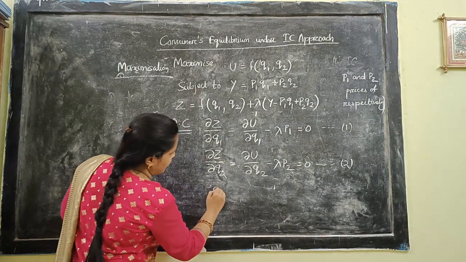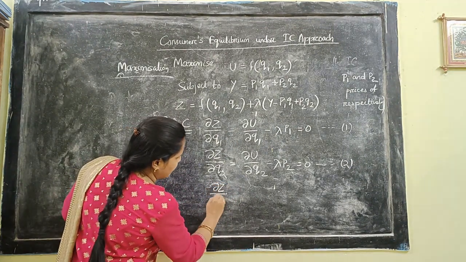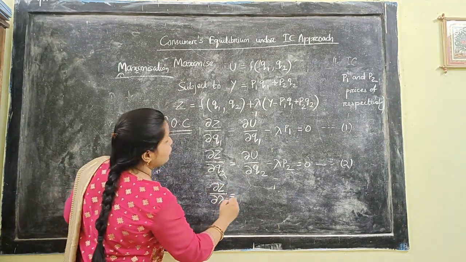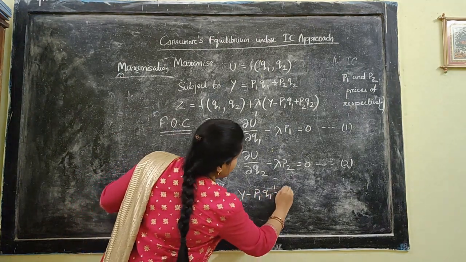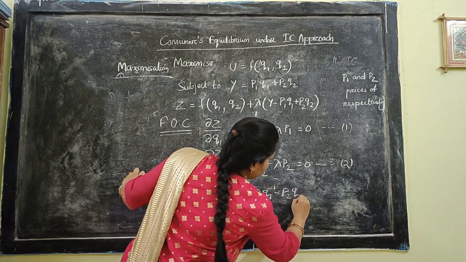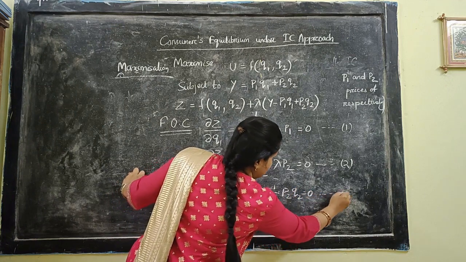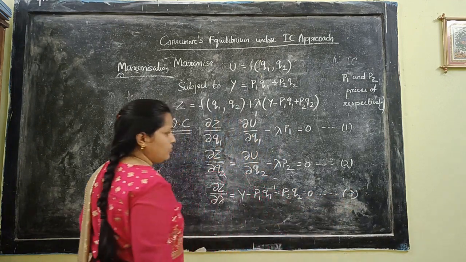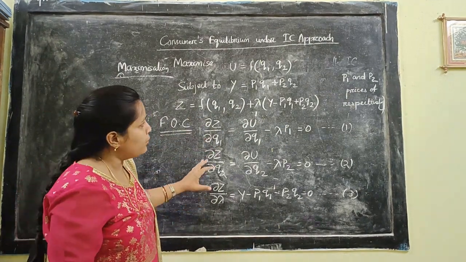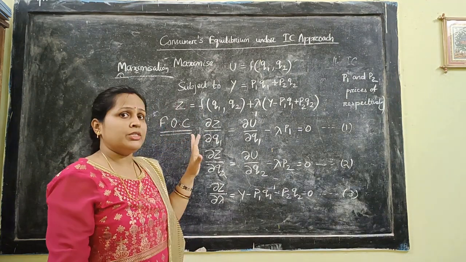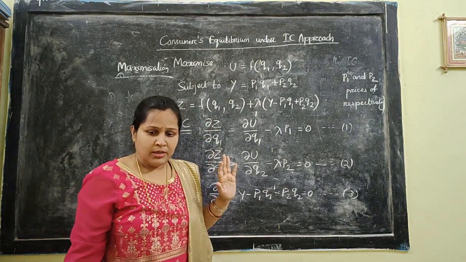The third equation that we have to do is del Z to del lambda itself, which is equal to Y minus P1 Q1 minus P2 Q2 is equal to 0. This is equation 3. Right. So these are the three equations from which we have to find out the stationary points.